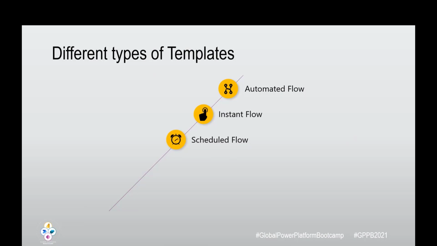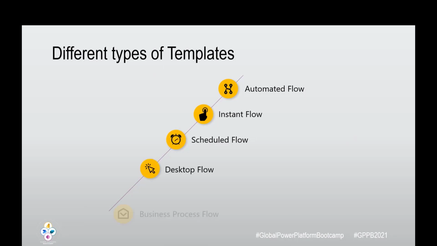It will be scheduled for a specific time or specific interval, and it will run at that scheduled time or date. So similarly, here we can schedule it, and it will run at a regular interval or a specific time we want. As an example, if you want to create a flow which runs every day at 5 p.m., we can use this scheduled flow.